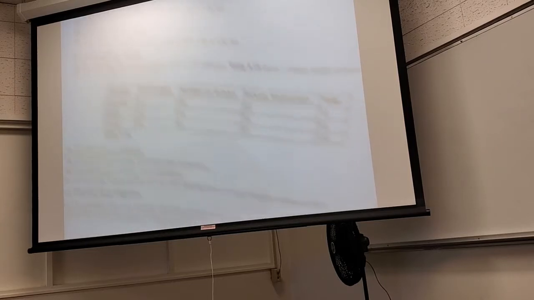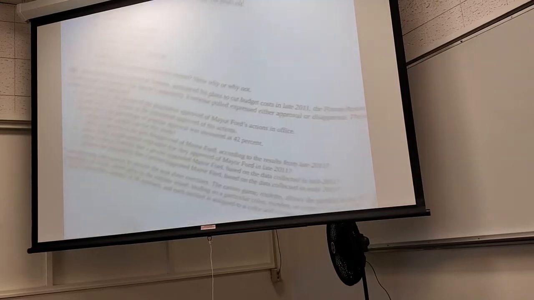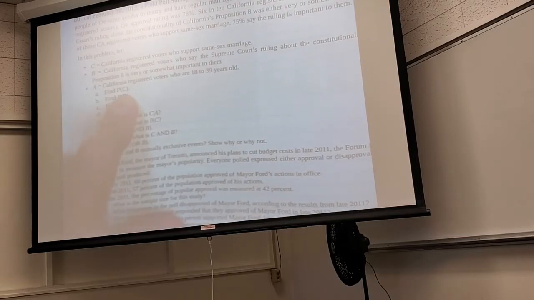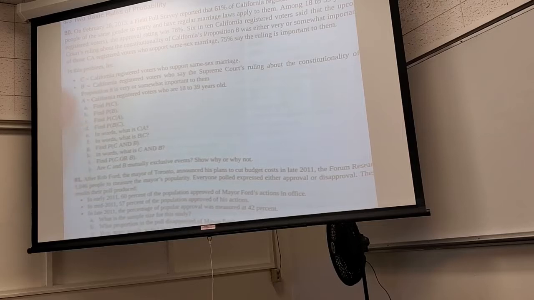Okay, some of you guys gave me no answer, so I'm just going to pretend like your answer is yes. Then there's problem number 80, which is essentially the same thing, just with more parts, right? Okay. So where are we at? Supporting same-sex marriage.